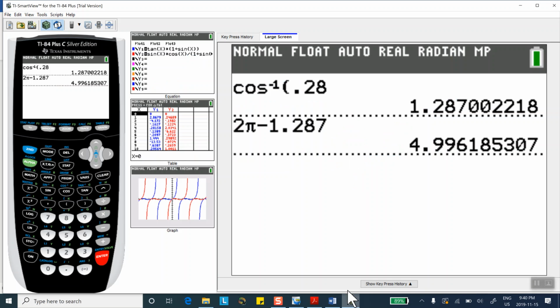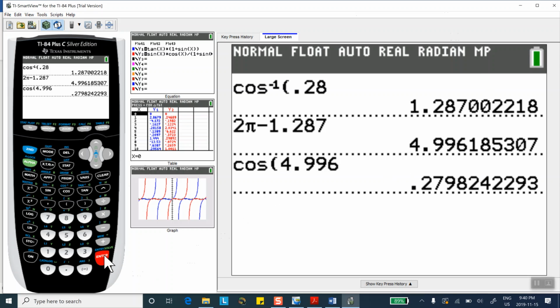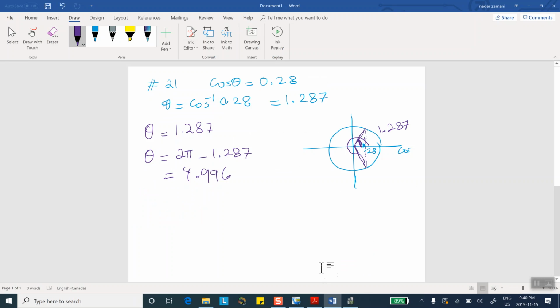If I take the cosine of 4.996, I better get 0.28. So cosine, this is just to check that there was no algebraic mistake. 4.996, I'm just rounding off the third digit. This better give me 0.28. It's close enough, 0.28.